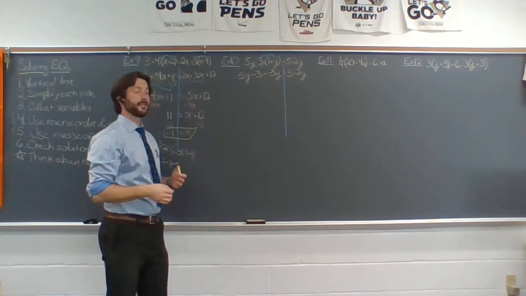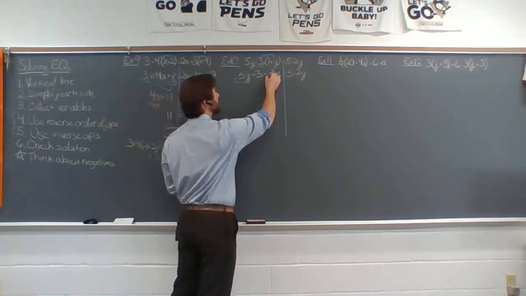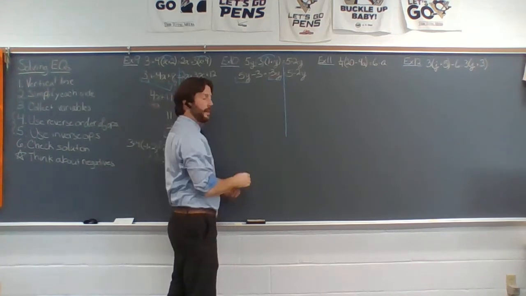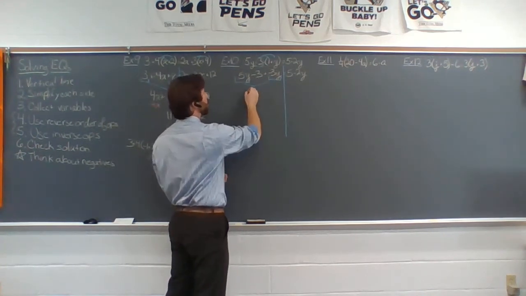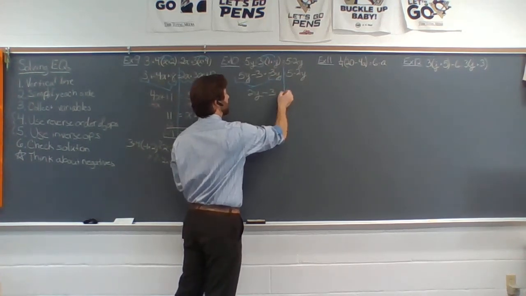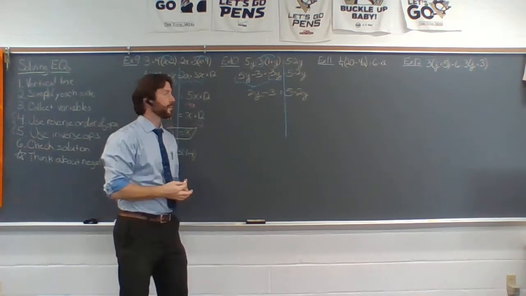Now, over here on the left, I have some like terms to combine. I have 5y and minus 3y. 5y and negative 3y, if I put those two together, that's going to be 2y. Bring down the minus 3, still equals 5 minus 2y.